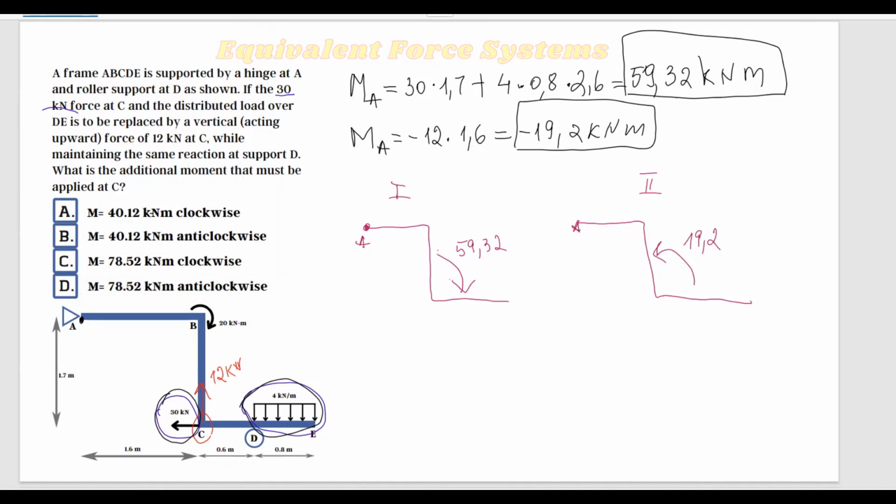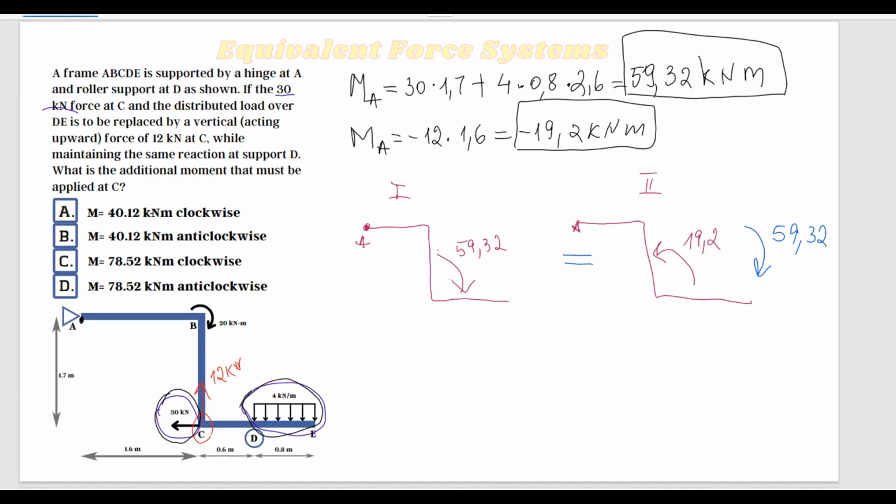Well, think about it. In order to make these two systems equivalent, we have to end up in the second system with the moment going downwards of 59.32 kilonewton meters, right?